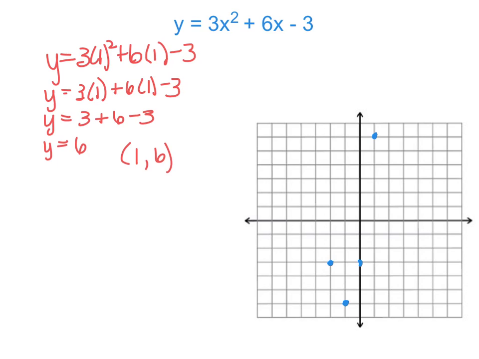And let's find one more on the left side. So we had done negative 1, negative 2, and now let's plug in a negative 3 for the x. Exponents first would be 3 times 9.